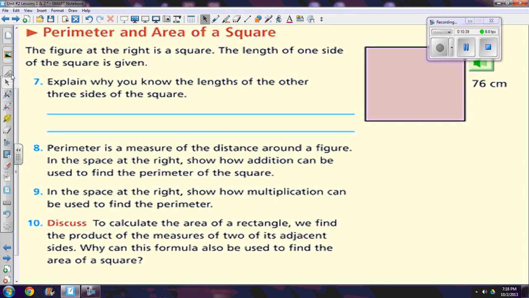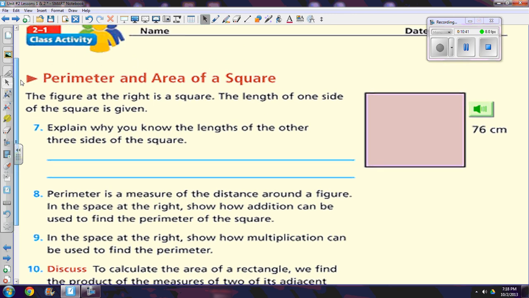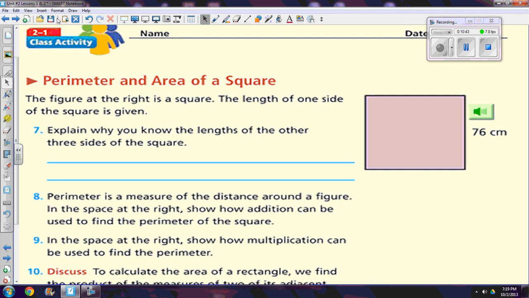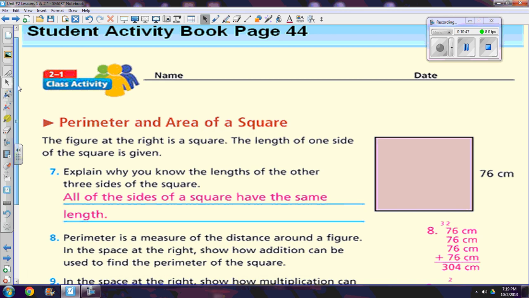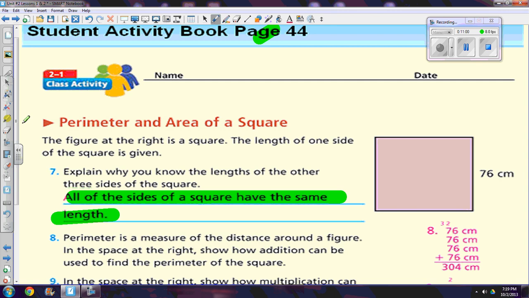So 7, 8, 9, and 10, let's take a look at those. In your black notebook, might be a good idea to put page 44. And then all the sides of a square have the same length. That's basically the definition.